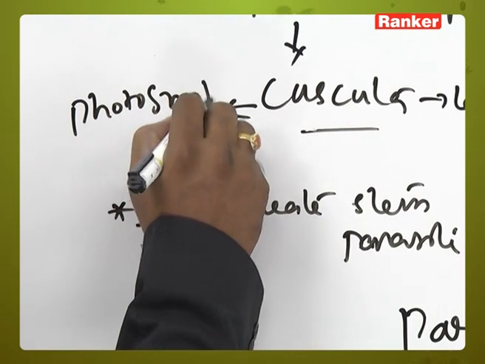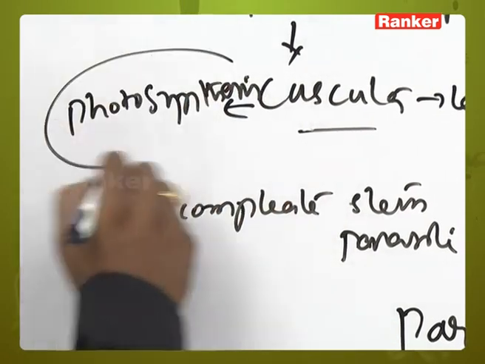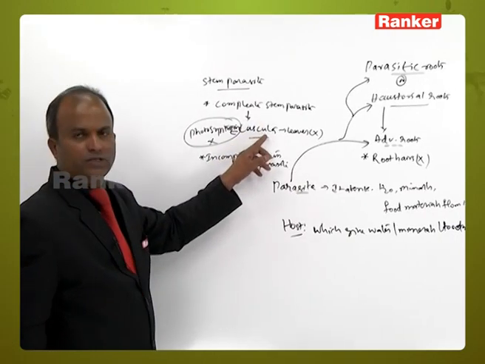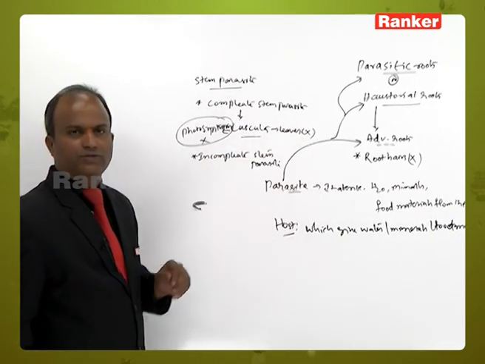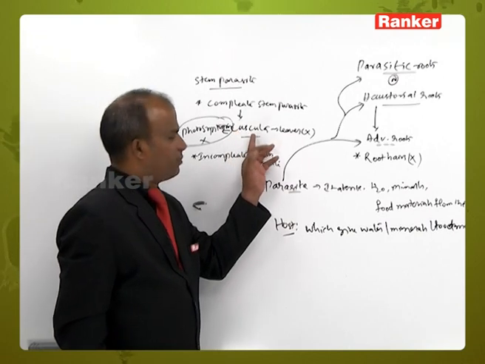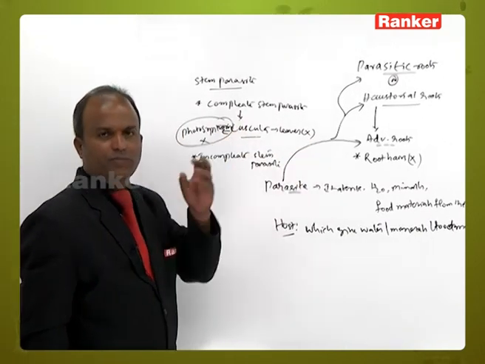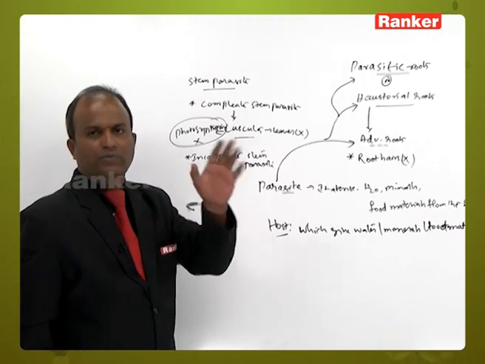Food materials are not prepared by Cuscuta due to the absence of leaves. That means photosynthetic products are not produced.